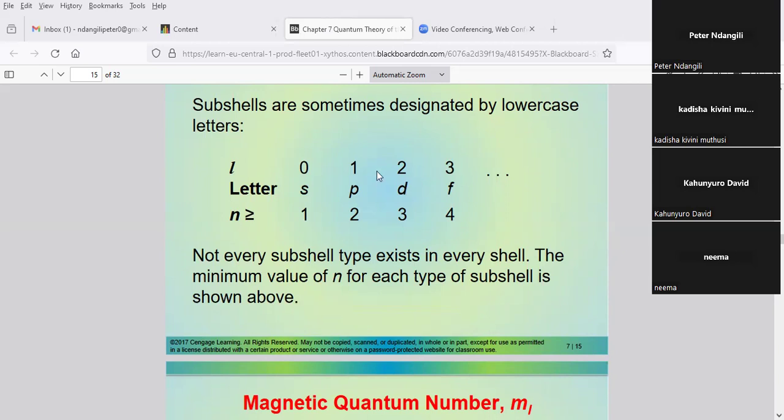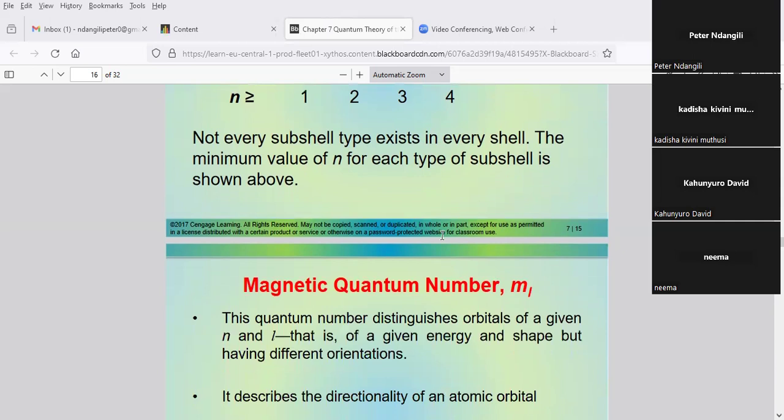So then, if that is understood, let me explain the magnetic quantum number, which is ML. Now we have talked about n. From n we have gone to L, and we saw that n generated L. Now L is going to generate ML. It is going to generate the magnetic quantum numbers.